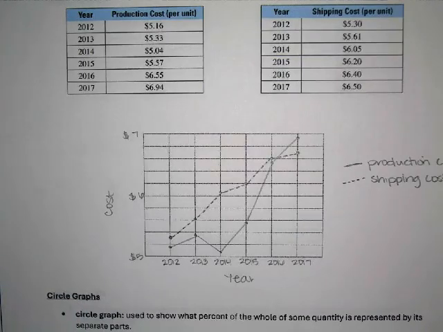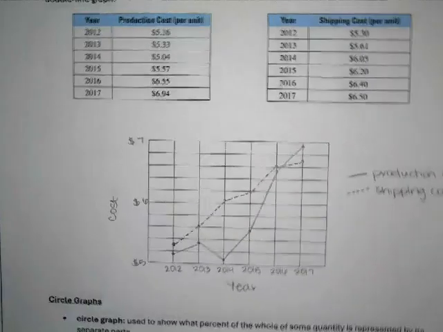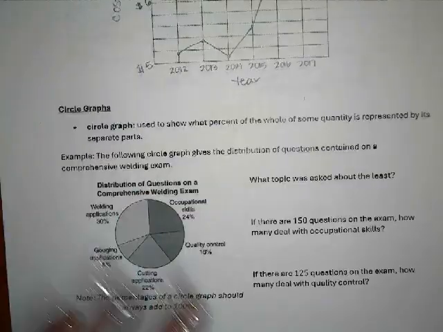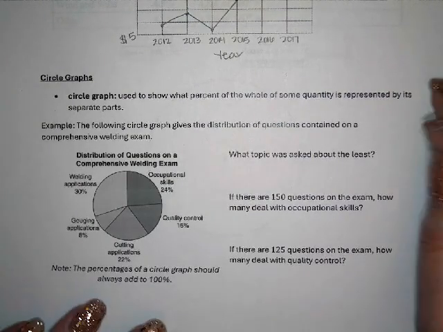All right, so next we're going to talk about circle graphs. A circle graph is used to show what percent of the whole of some quantity is represented by its separate parts. So we have a circle graph that gives the distribution of questions contained on a comprehensive welding exam.